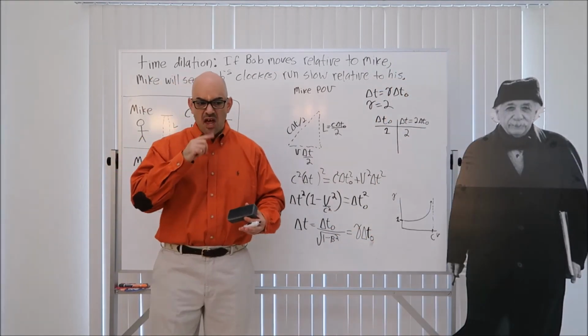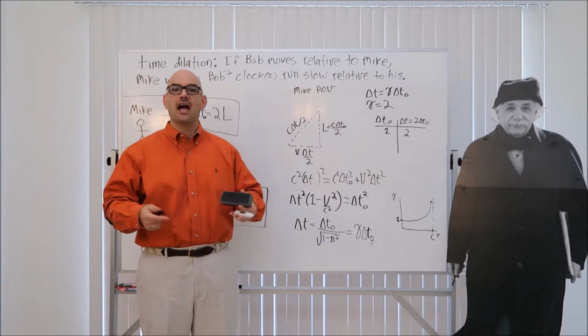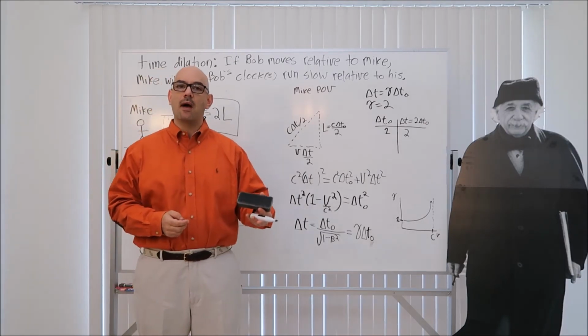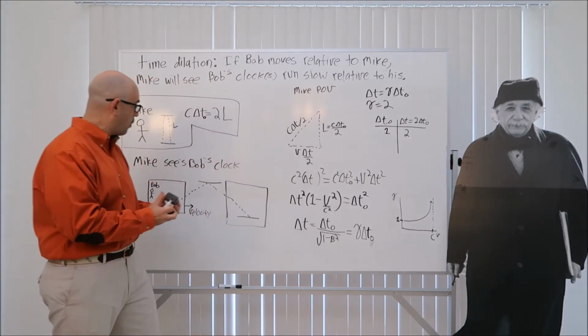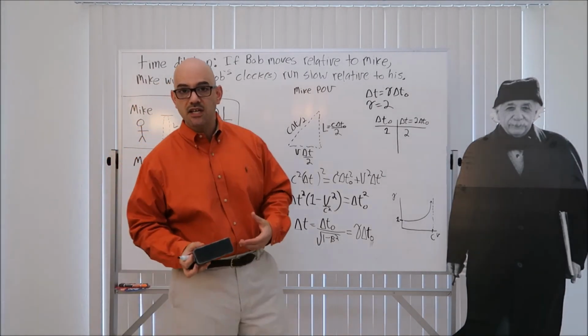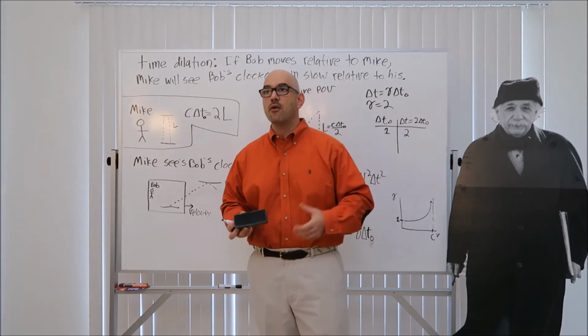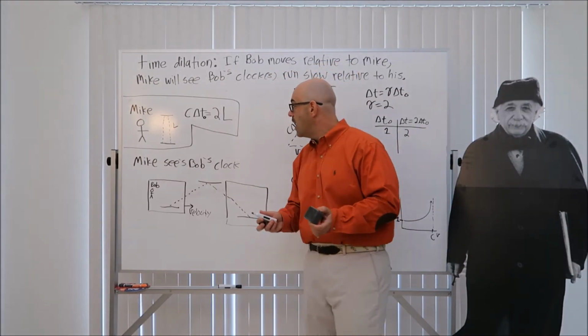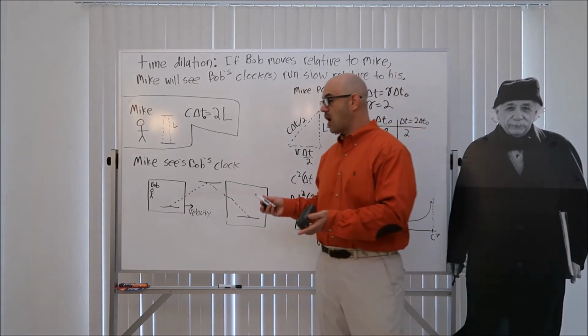Mike sees that Bob's clock passes time slower. It takes longer for 1 unit of time to pass on the moving clock than it does on the stationary clock in the reference frame of whoever's stationary, of course. And this is in Mike's reference frame. And so Mike sees that Bob's clock is running slowly.